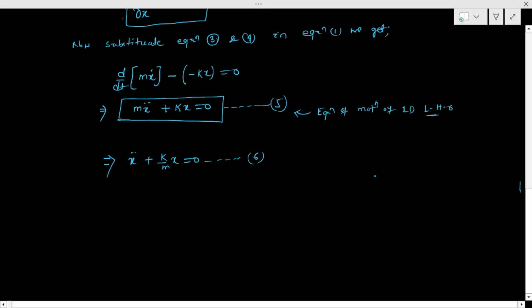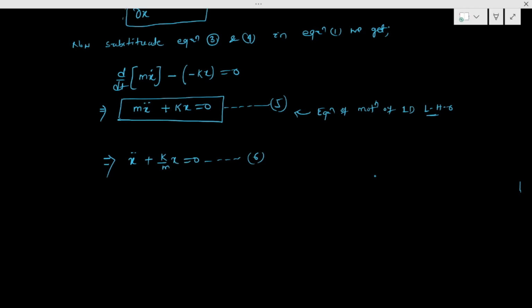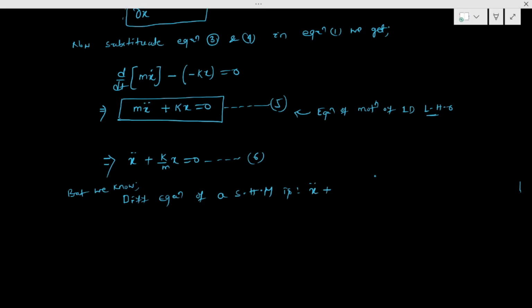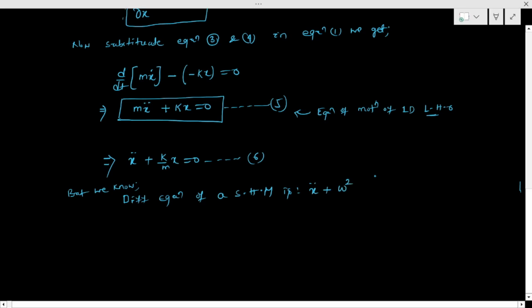You may remember we already discussed in our core 2 the simple harmonic differential equation. We know the differential equation of a simple harmonic motion is like this: ẍ plus ω²x equal to 0, where ω is the frequency of the simple harmonic motion.